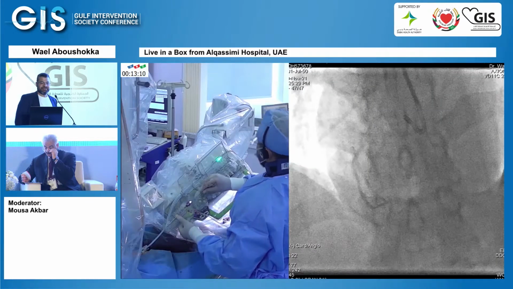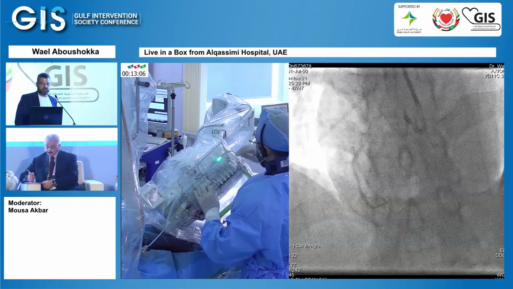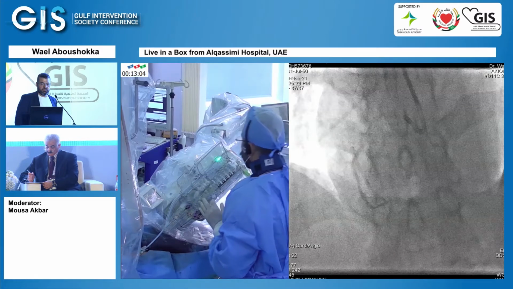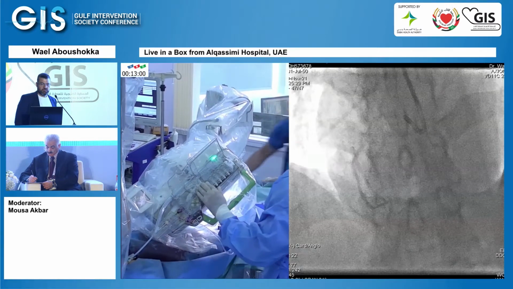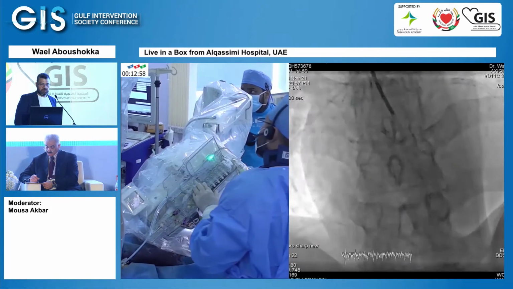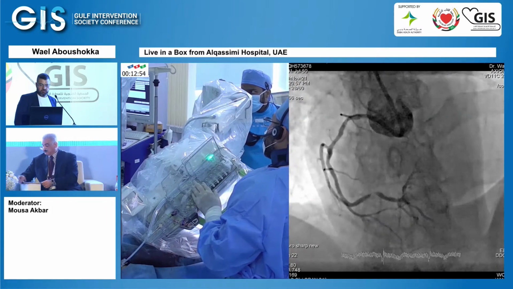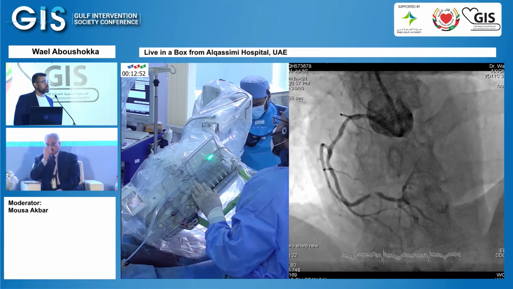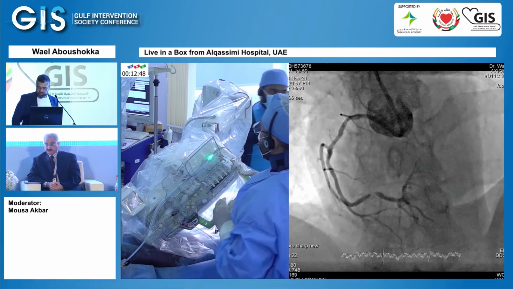Now we are loading our first wire. As you can see, it is a distal RCA critical stenosis with extension to the bifurcation at the crux, bifurcation of the PDA and the PLA, and the PDA ostium is diseased.